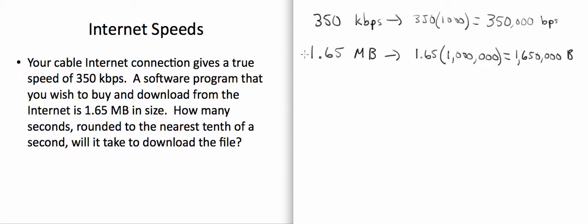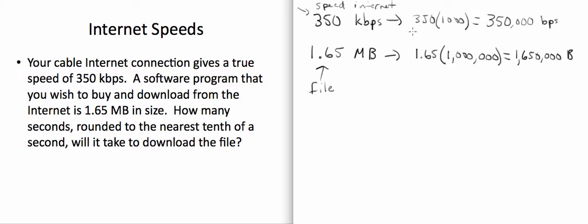So this first one is the file, and this is our speed of connection, or speed of internet. So we want to take the file divided by our speed.